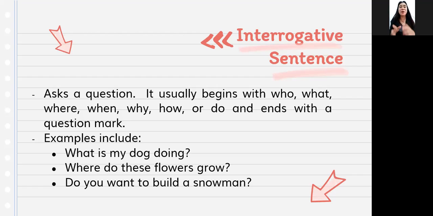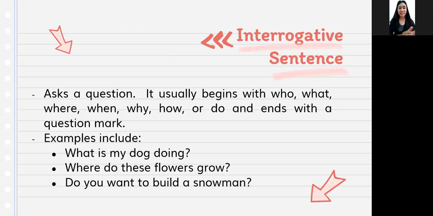So always remember the difference between the declarative and the interrogative. The declarative sentence usually ends with a period, and the interrogative sentence ends with a question mark.